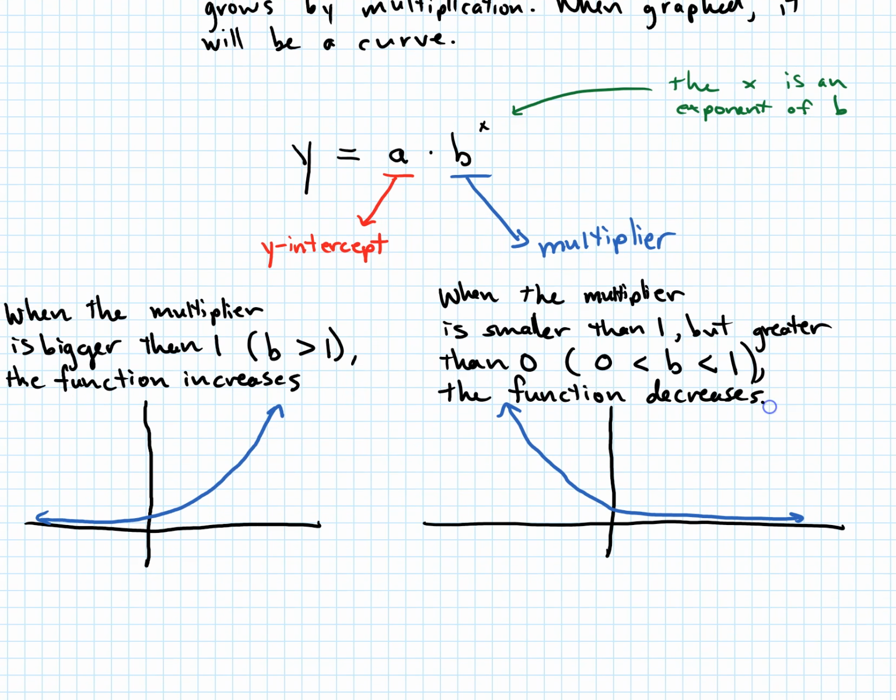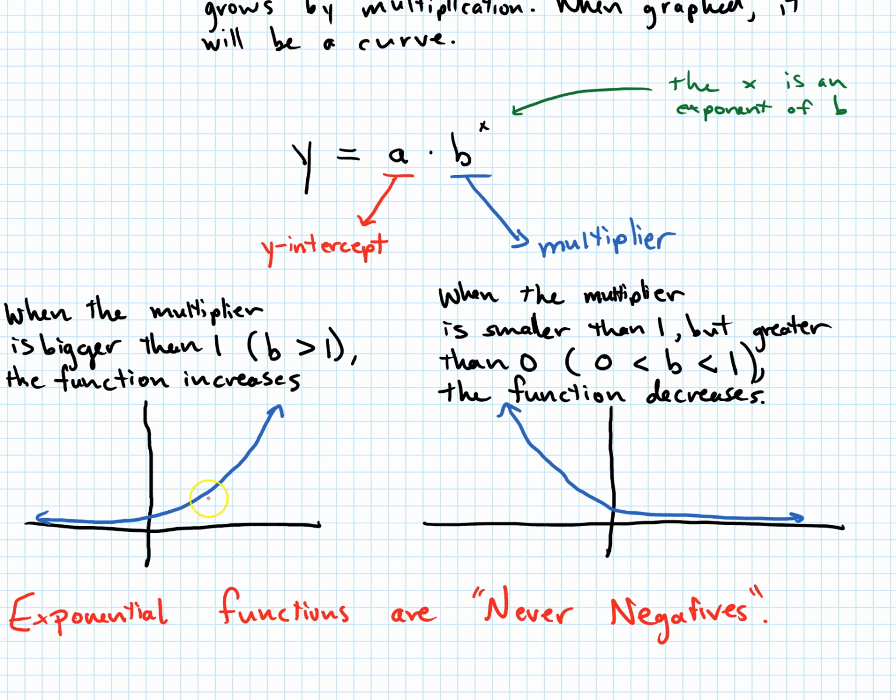Okay, last thing to note is exponential functions are never negatives. And what I mean by that is, if you look at these pictures above that I drew, just a rough sketch, the exponential functions never cross over the x-axis.